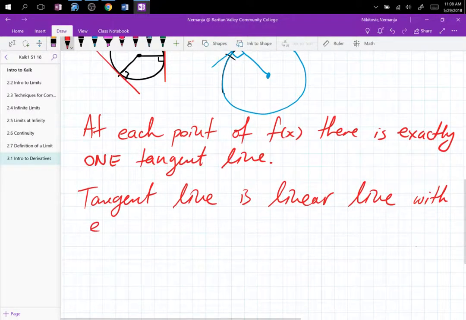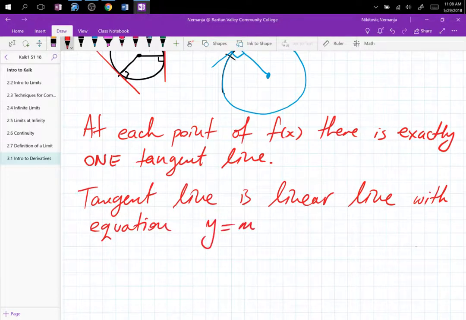With equation, y equal mx plus b. So it has a slope and it has a y-intercept. It's a linear line. It's a straight line.